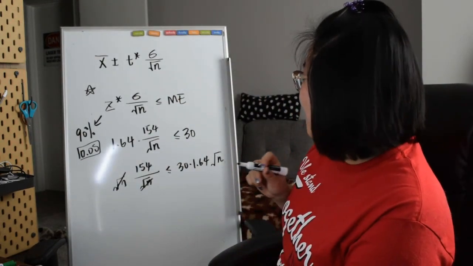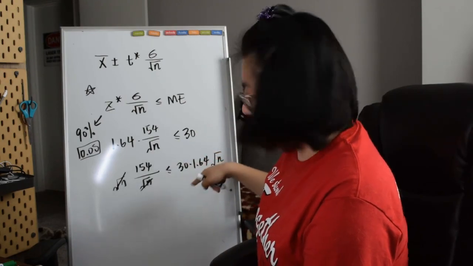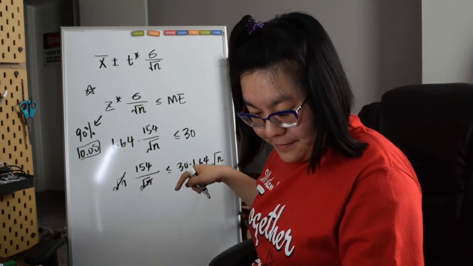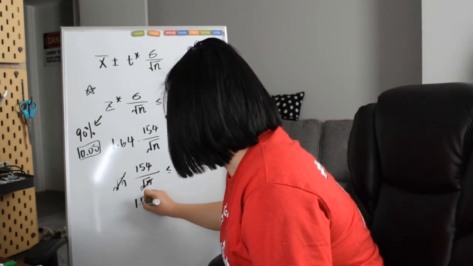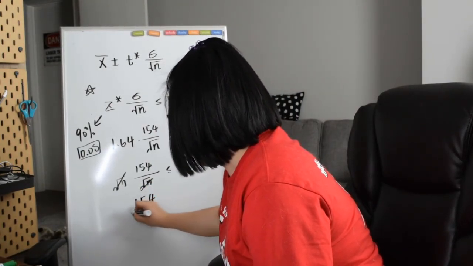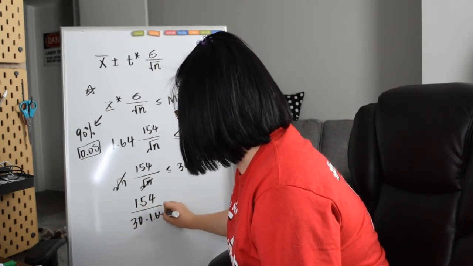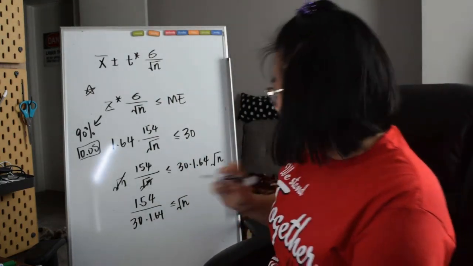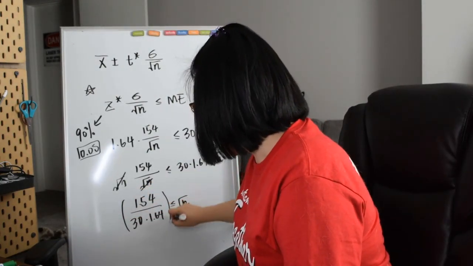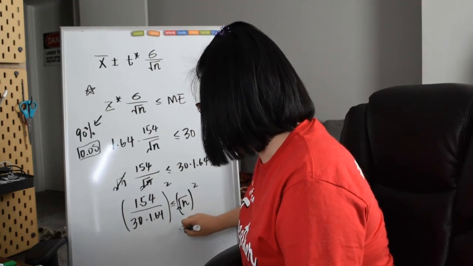Okay, and then I'm gonna divide by the whole thing, so the left side will be 154 divided by 30 times 1.64. And then the last step, I will need to square each side to get my n out.